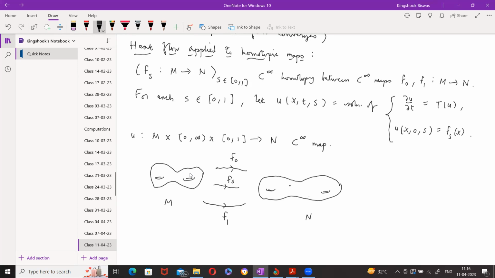So you look at the images here. Say this is F naught of x, this is F1 of x, and this is Fs of x. So you have a curve here joining these points where you fix x and vary s going from 0 to 1. That gives a curve from F naught x to F1 x. Then what we're doing is we're applying the harmonic map heat flow to each of these maps, F0, Fs, F1. So points will flow like this.